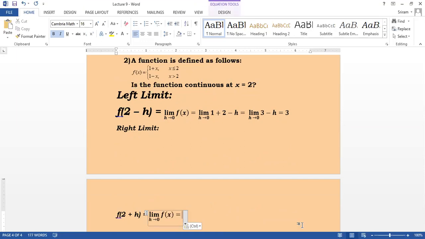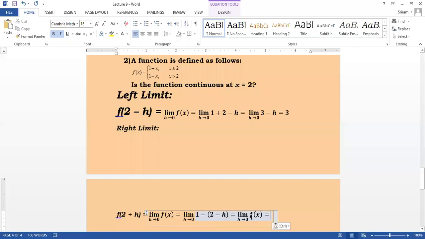I am going to check limit h tends to 0 f of x. Which function is having the greater value? The second function is having the greater value. What is the second function? This is 1 minus x, and in place of x, I am going to take 2 plus h.